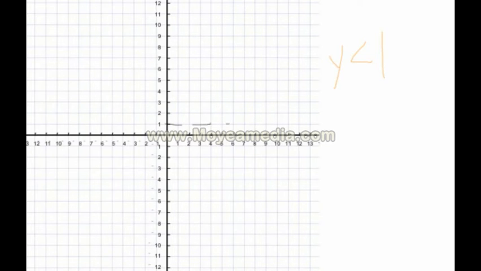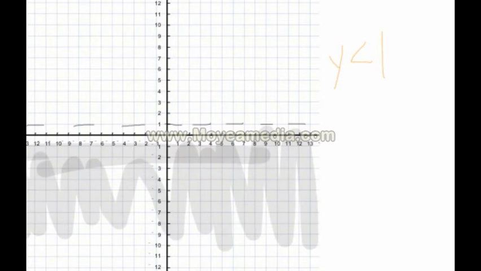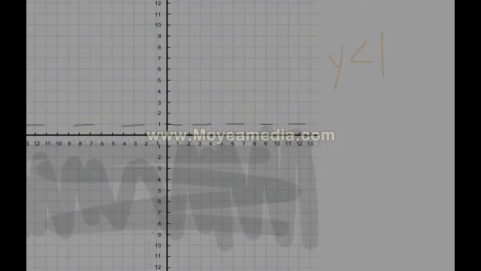So I would have dashes along y equals 1. And then where would y be less than 1? Well, anything down here. So this is what the graph of y is less than 1 looks like. We're going to try a few more problems.